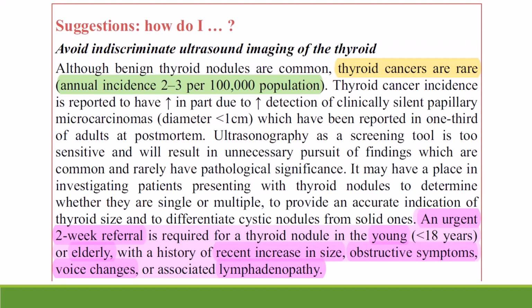Thyroid cancers are rare with low annual risk, and we should refer urgently if there is a thyroid nodule in a young or elderly patient. We should refer within 2 weeks if there is recent increase in size of a thyroid nodule, obstructive symptoms, voice change, or associated lymphadenopathy.